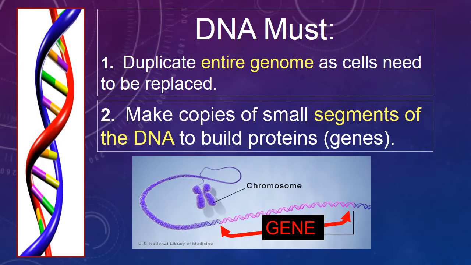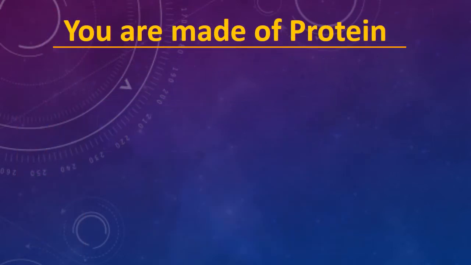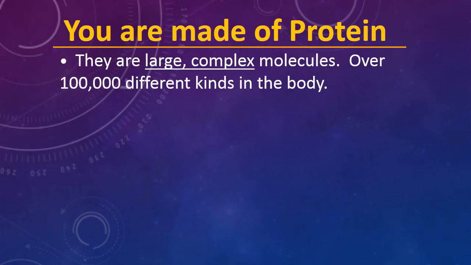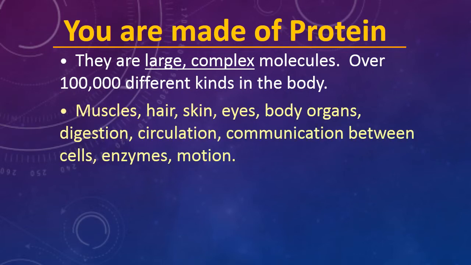We're going to get into proteins pretty soon. You are made of protein. I mean, they are the large, complex molecules. There's over 100,000 different kinds in the body. Muscles, hair, skin, eyes, body organs, digestion, circulation, the communication within cells, enzymes, motions, the machinery inside your cells.